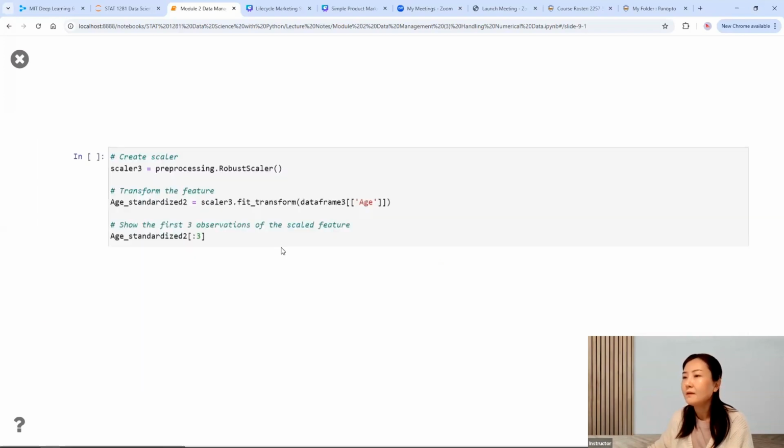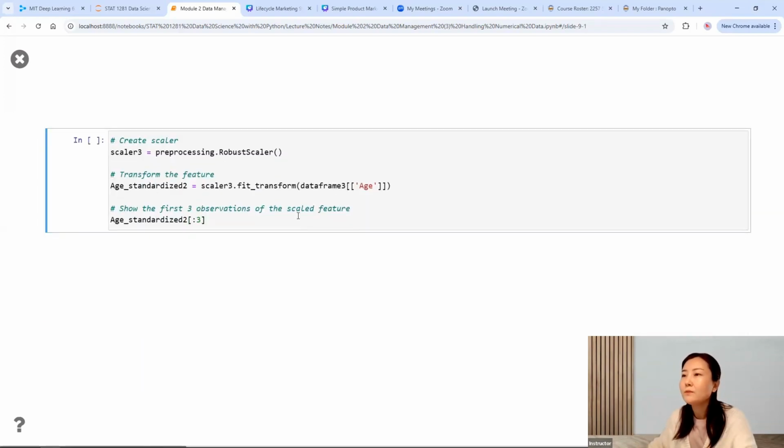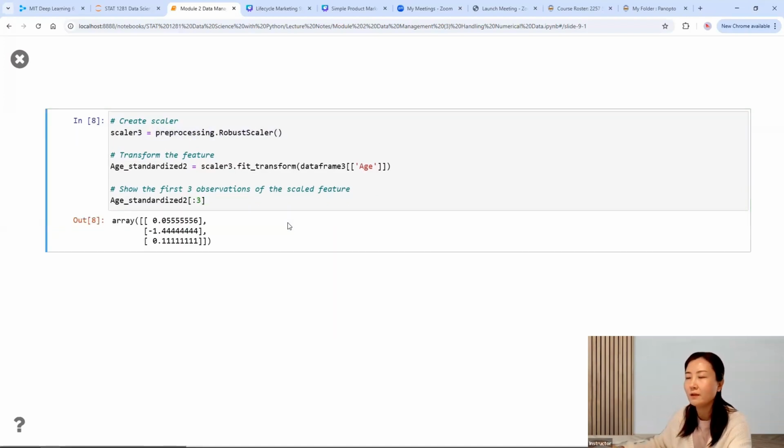Okay. So let's see how to run it. We first create a scaler, call it scaler 3, the robust scaler. This is also in the preprocessing submodule in Scikit-Learn. Then fit transform age. Let's pull out the first 3 rows.